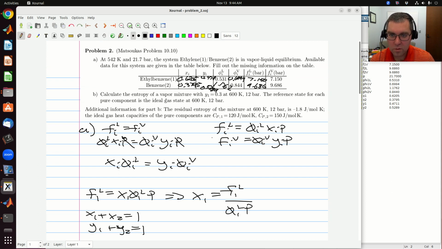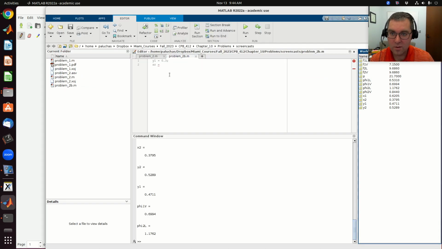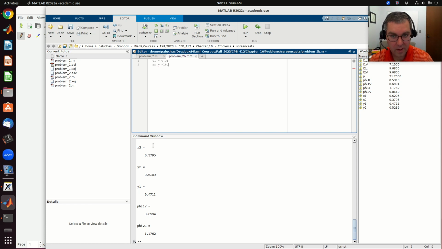SR was negative 1.8, and this is joules per mole Kelvin. So it's in SI units, negative 1.8. Okay, so R, that's 8.314, also joules per mole Kelvin. That's the only one I remember.